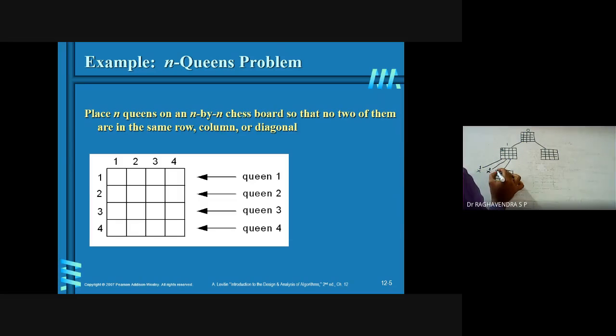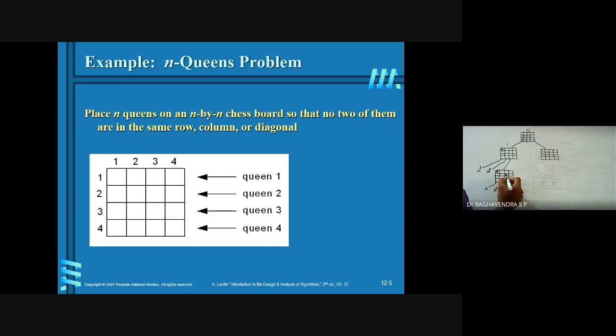Queen 1 is already here. Next, I have to insert queen 2 here. So what are the positions left? Here, in the first column, it is not possible. In the second column, there is a diagonal clash and row-wise clash, so the second is also not possible. Then what about the third one?